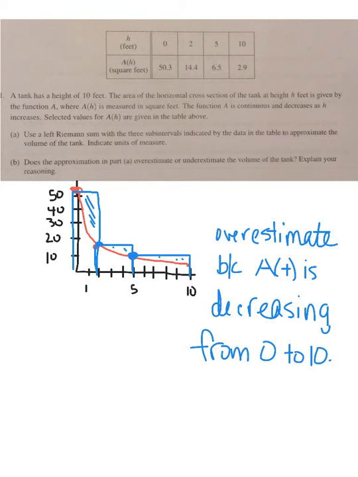You can also, if you wanted to, say it's an overestimate, and you can actually just show this graph and then just show that your Riemann sums cover area that's clearly above the curve. That's also absolutely fine.